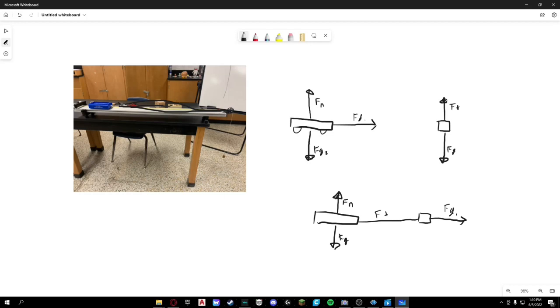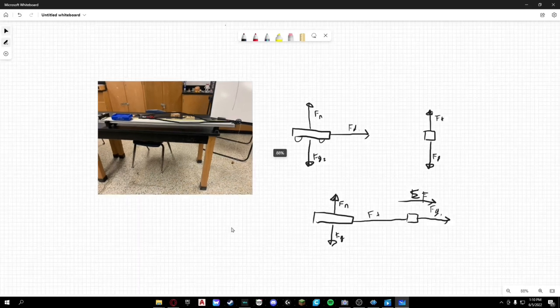And because these cancel out, everything has to move this way. So the net force is this way, even though this hanging mass weighs less than the cart. Because these two forces cancel out, everything moves in the direction of the hanging mass.